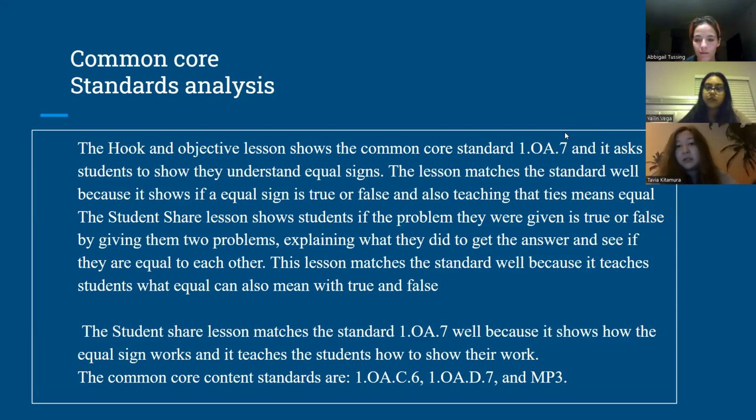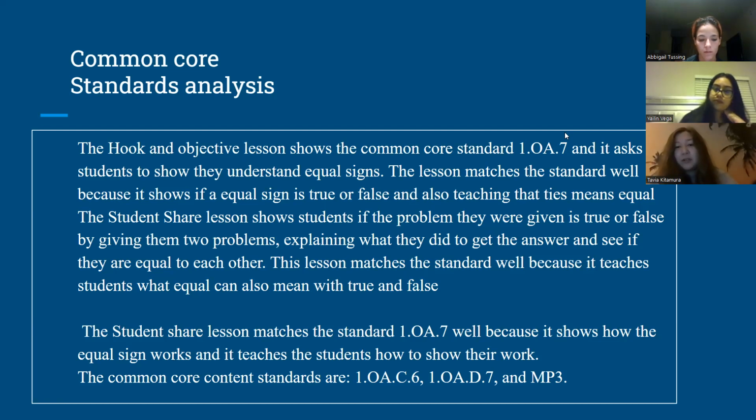The student share lesson shows students if the problem they were given is true or false by giving them 2 problems, explaining what they did to get the answer, and seeing if they equal each other. This lesson matches the standard well because it teaches students what equal can also mean with true and false. It also shows how the equal sign works and teaches students how to show their work.